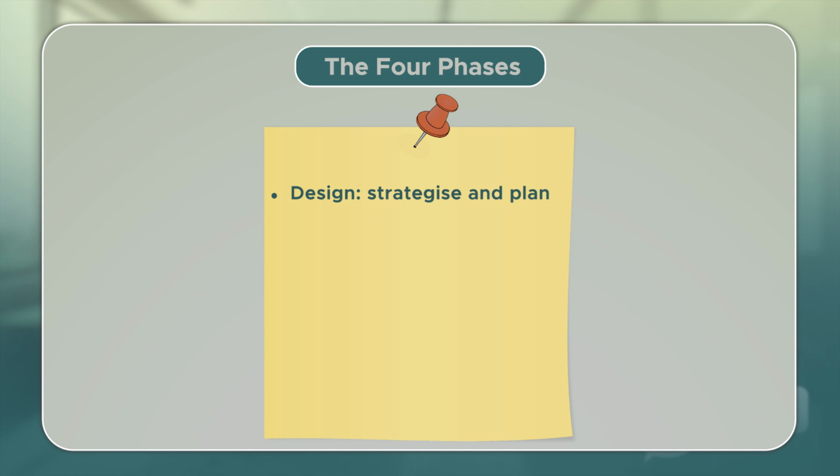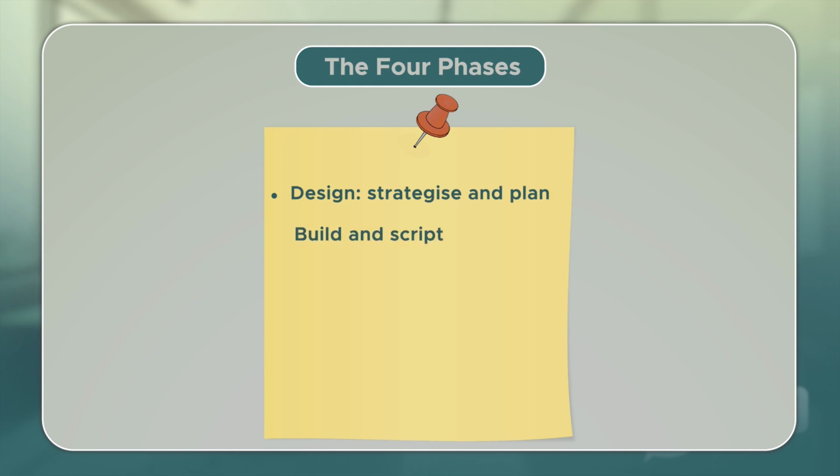Having talked about the trends and philosophical approaches to presentations, I'd like to quickly introduce the fact that the life cycle of a presentation consists of 4 phases, and effective presenters assiduously go through the 4 phases. The 4 phases are: 1, design, where we strategize and plan.